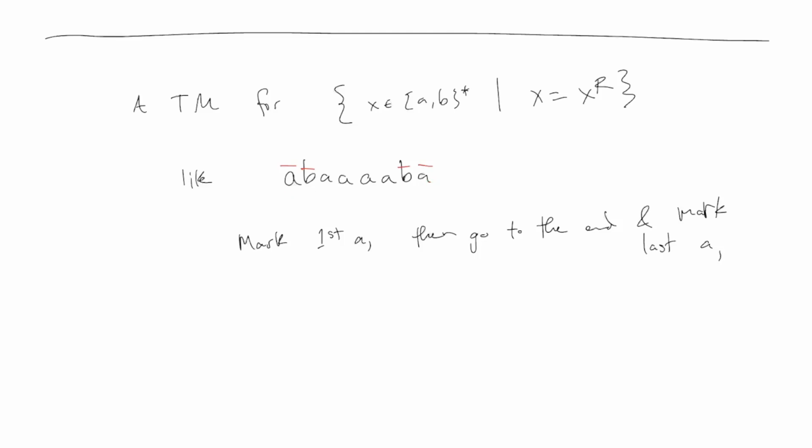That means while you're going through the middle steps, you have to be remembering what you saw at the very beginning, if you understand what I'm saying. You have to say, I marked an A at the beginning, and then I go bop, bop, bop, the head moves across. And then when we get to the end, you have to still know, should I be looking for an A or a B at this point?